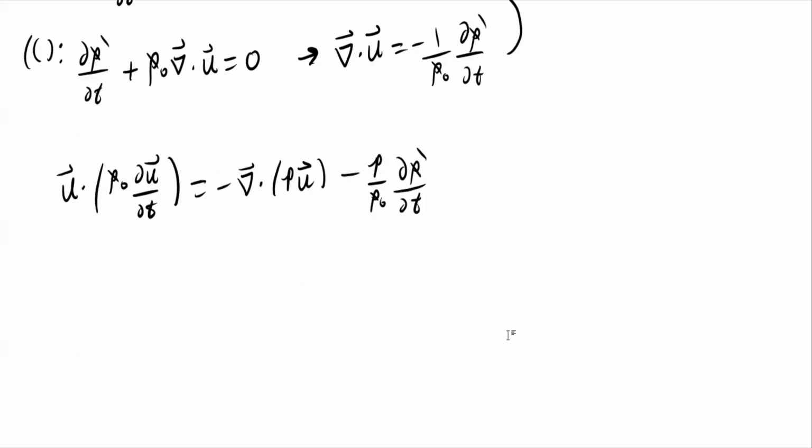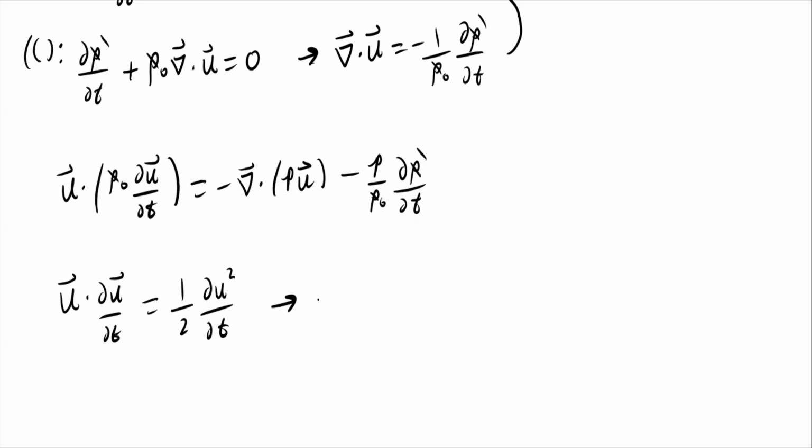Now we need to start manipulating this a little bit. The first thing we'll note is that we can write u dotted with du dt as 1/2 d u squared dt, because we've assumed that u is a time harmonic function. And so this property holds. You can try it for yourself.